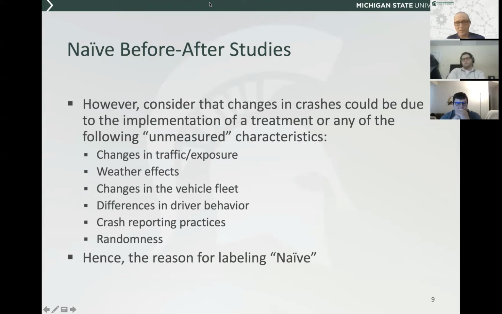But if you think about things like the introduction of anti-lock brakes as an example, or now we're seeing some in-vehicle systems as we move towards a self-driving vehicle fleet. And so when you've got things like automatic emergency braking and forward collision warning and lane departure warning and so forth and so on, those would definitely start to have a pronounced impact, and that would be a function of how quickly those penetrate into the market.